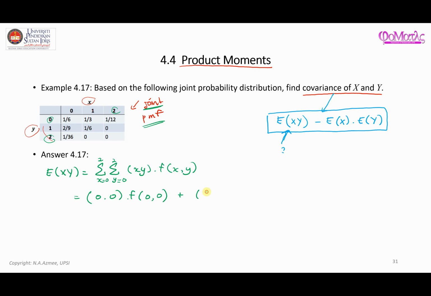So we have 0 times 1, f(0,1), and then 0 times 2, f(0,2).